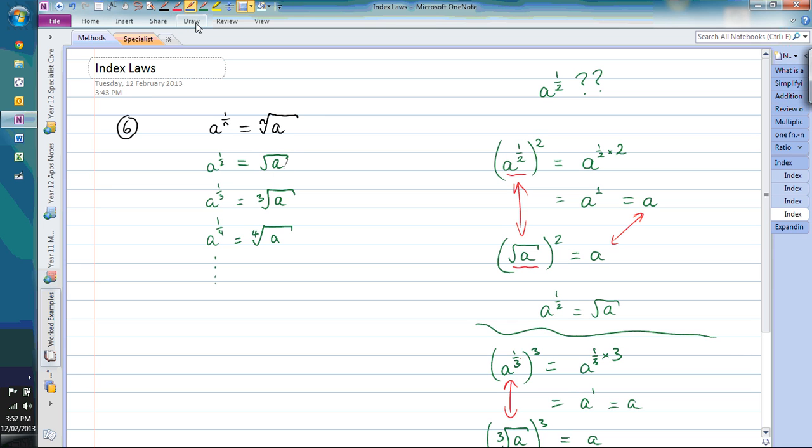This is a lot like in primary school when you learnt that these two things are just equivalent ways of writing the same thing. Okay? These two are equivalent ways of writing the same thing. A to the 1/2 is equal to the square root of a. That's index law number 6.